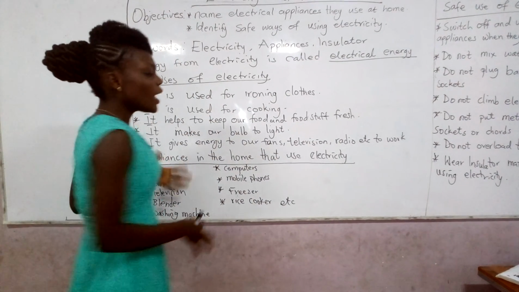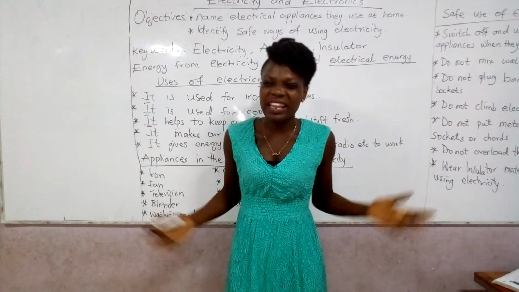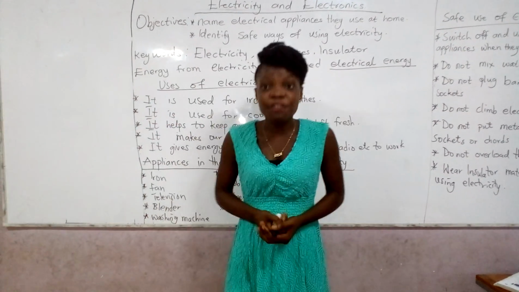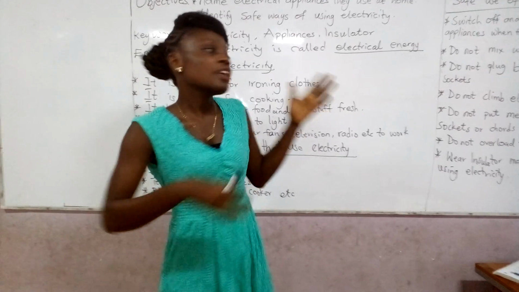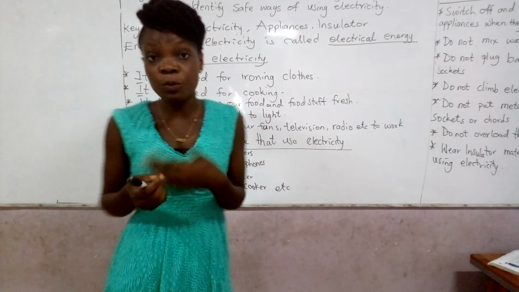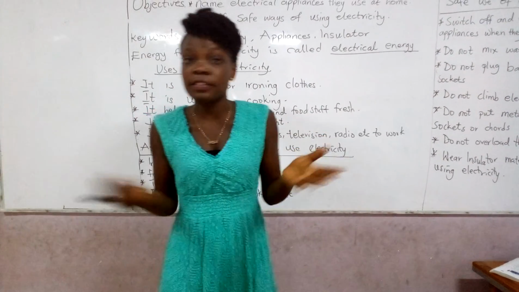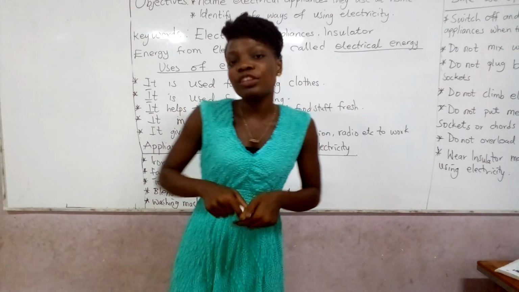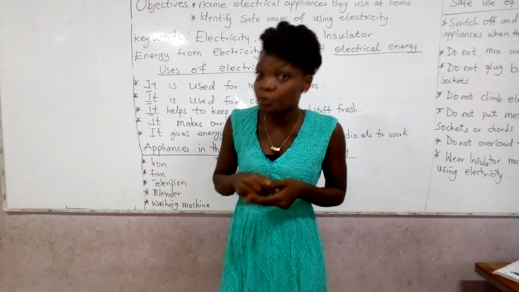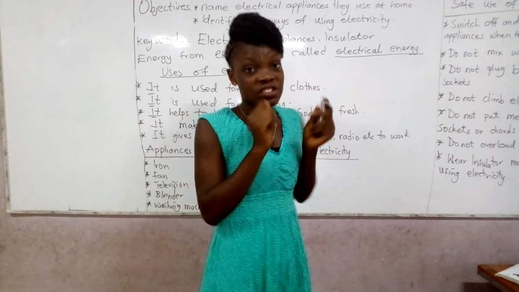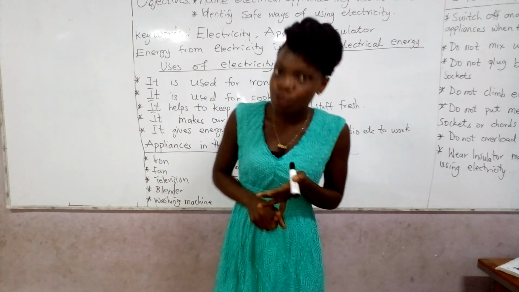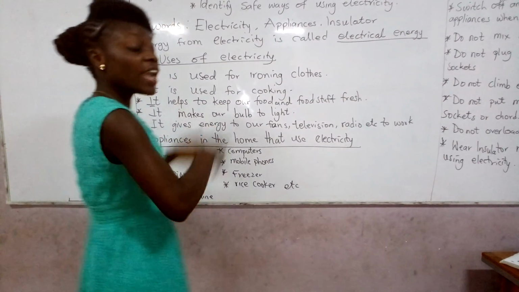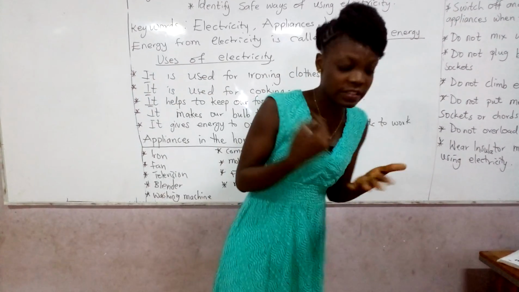Now, we have things in our homes that use electricity. I know today you've touched a lot of things that use electricity in your homes, like electrical devices. You've touched your phone, right? Yes, a phone is an electrical appliance because you use electricity to charge it.